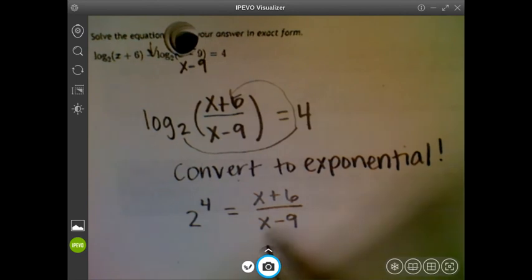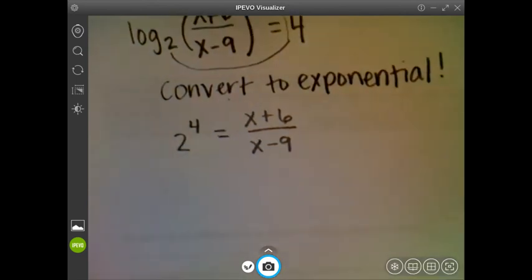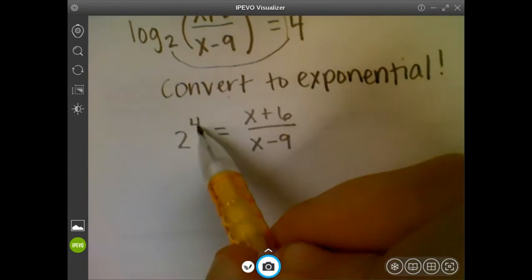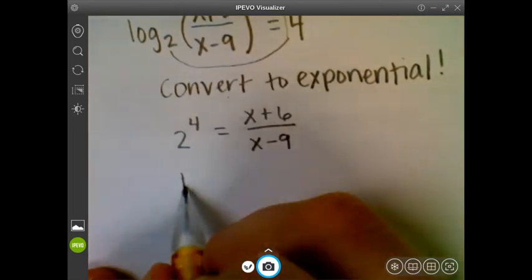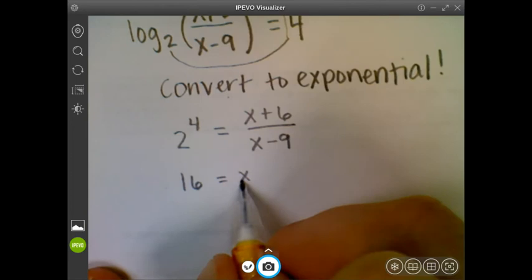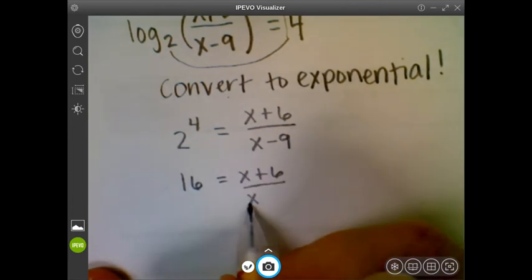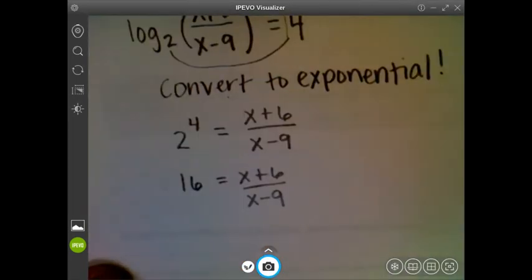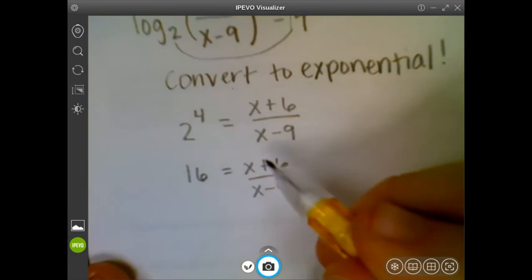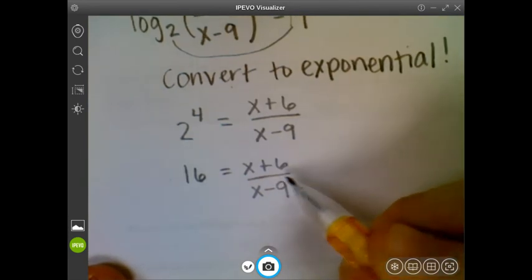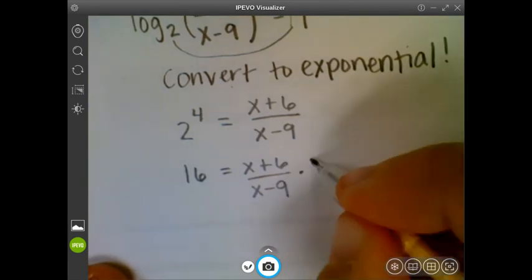From here, you're good to go ahead and just do the algebra and solve. So 2 to the power 4 is 16, and that's equal to x plus 6 over x minus 9. To get rid of the fraction, you do the opposite of the division, and the opposite of divide is multiply.